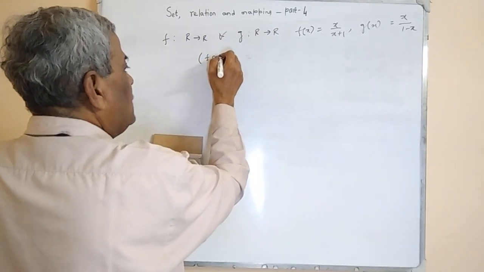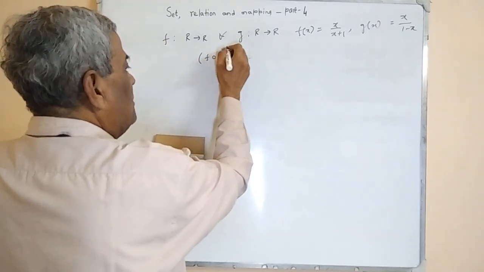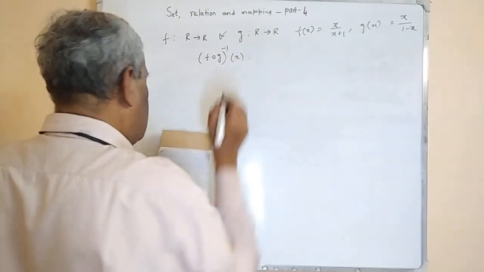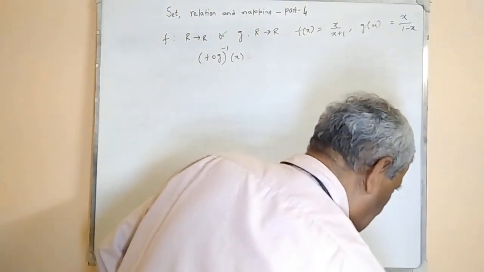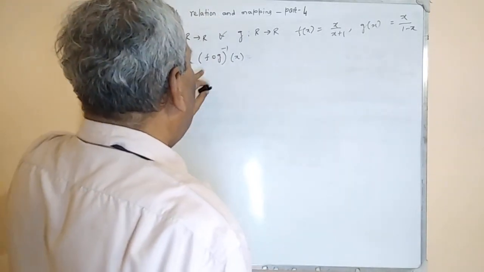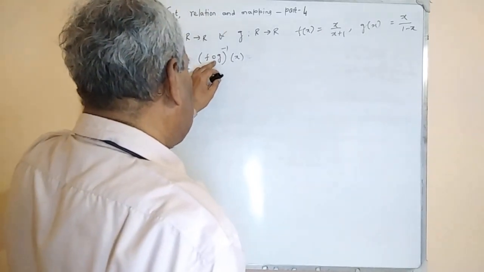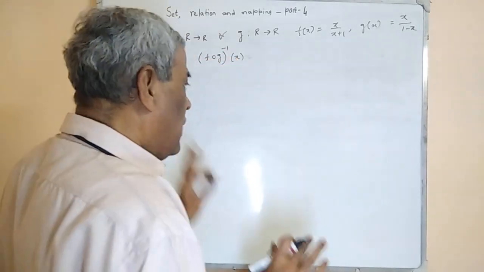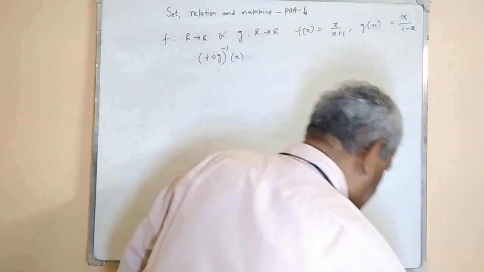(f∘g) inverse of x is, what is the element of f∘g, that function, its inverse x, what will be that result?